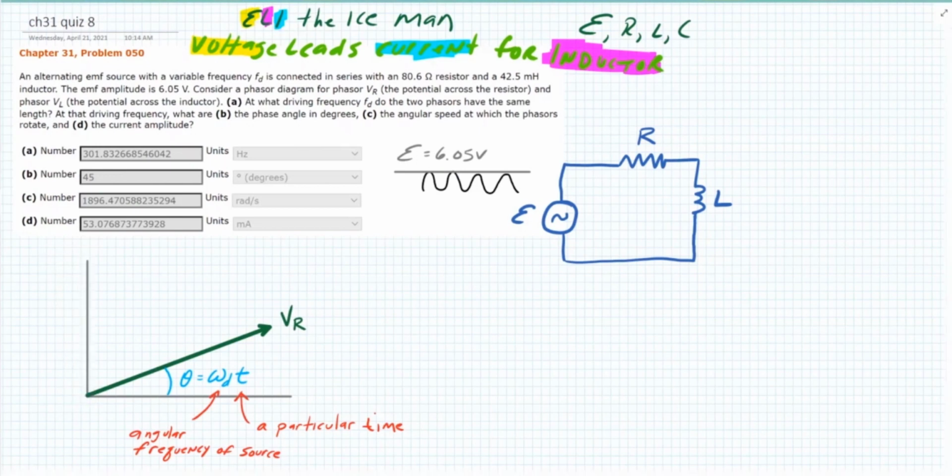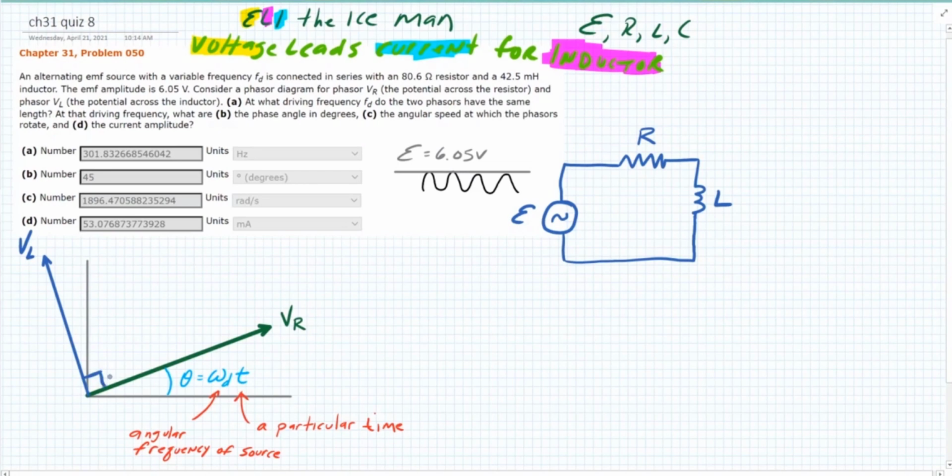That's not a line. There. Okay. So this is the voltage drop across my inductor, VL. All right. There's always that 90-degree relationship.